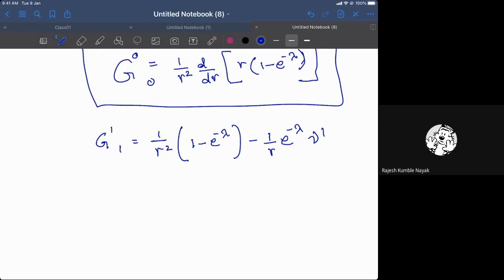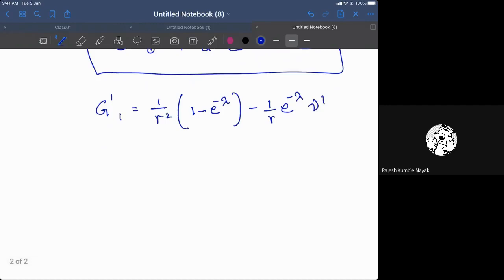So this is the expression for G11, that is upper and lower, the 1 component. You can easily see that G33 is also equal to G22. They are the same. That is one of the advantages of writing in this upper and lower form. If you have upper and upper or lower and lower, then there would be some factor multiplying it. So here in this case, it is much simpler.